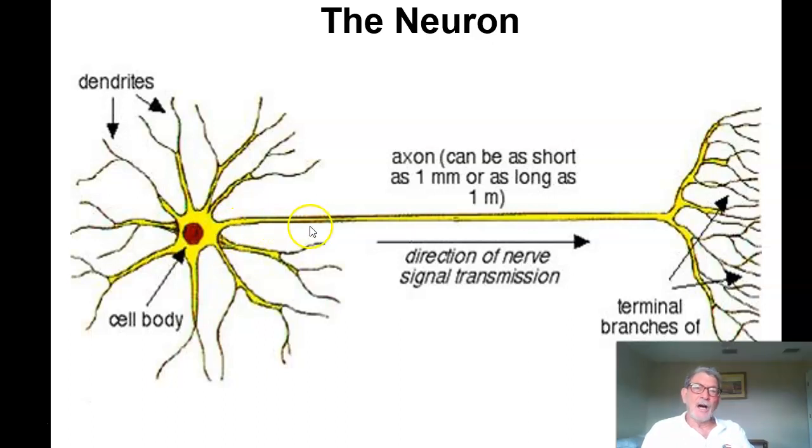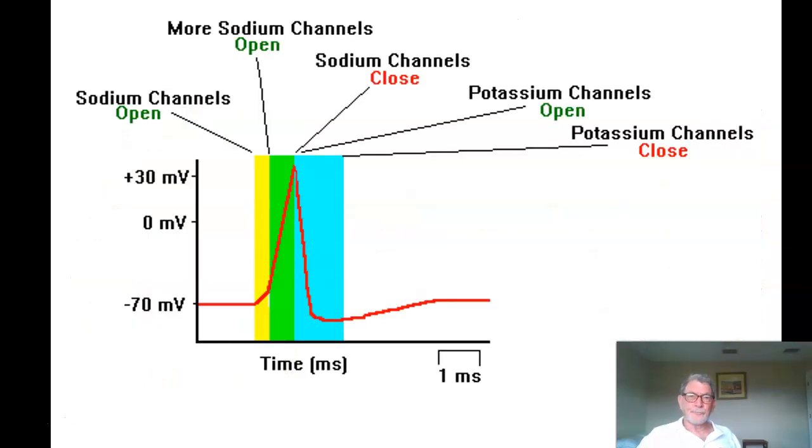The axon takes the signal all the way to the far end. Some of these cells can be 3 feet long. They're microscopic, but they can take a signal from your brain to your leg. And then the axon terminals actually take the signal to the individual cells that need to be turned on.